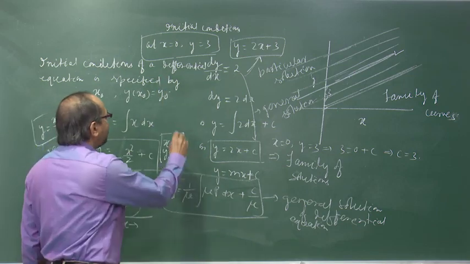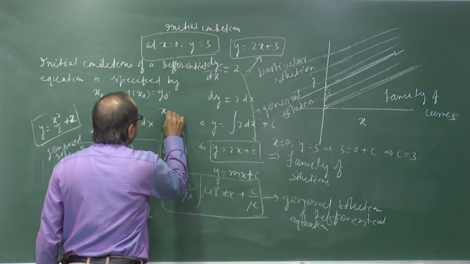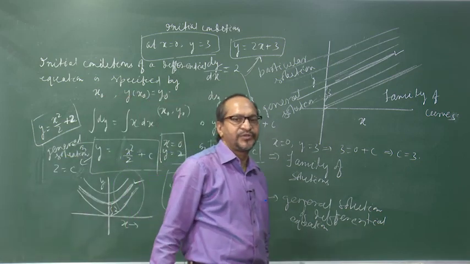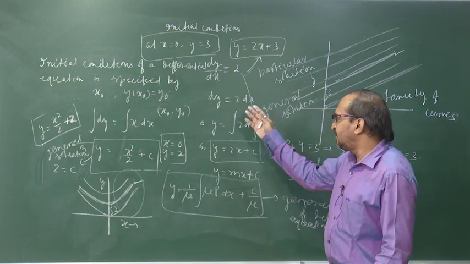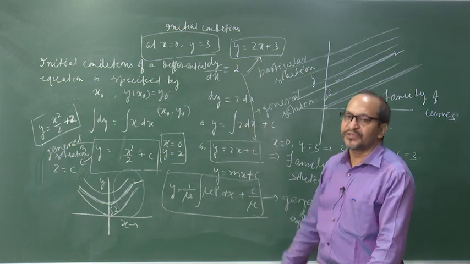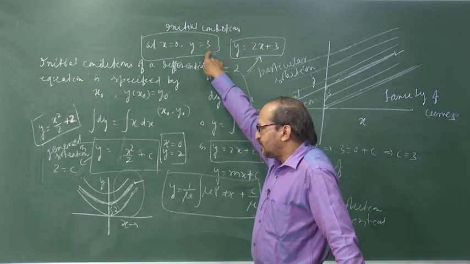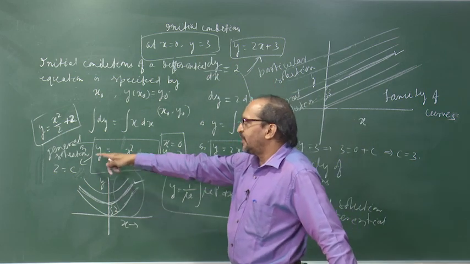Okay. That means geometrically the curve will pass through this point x0, y0. Here in these two examples I have put x0 is equal to 0. So, in this case I get y0 is equal to 3 and in this case y0 is equal to 2.